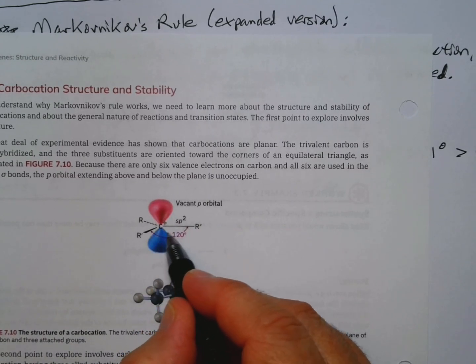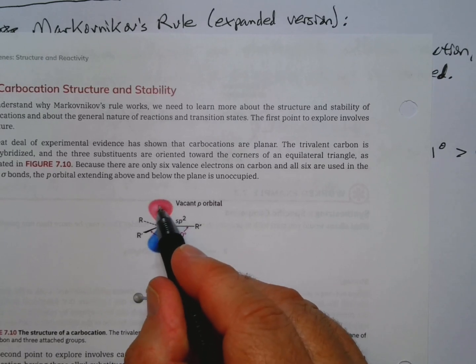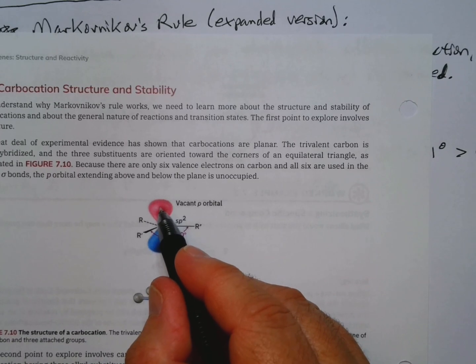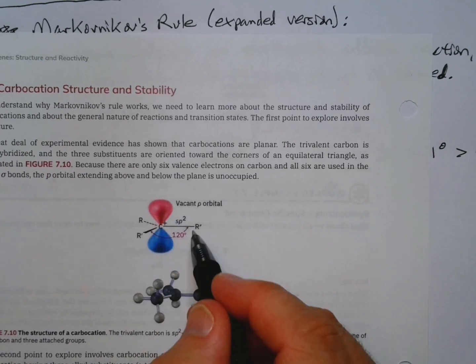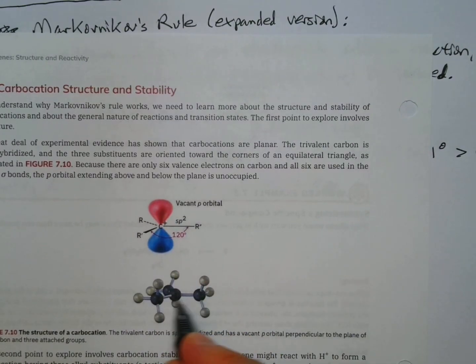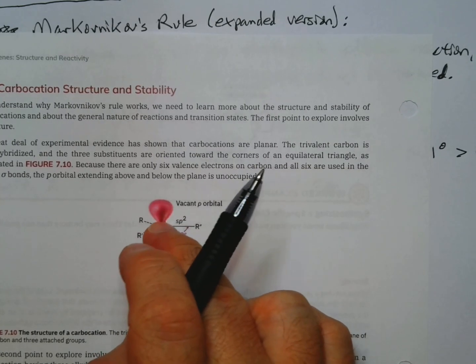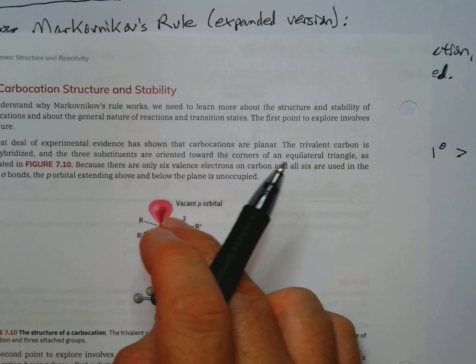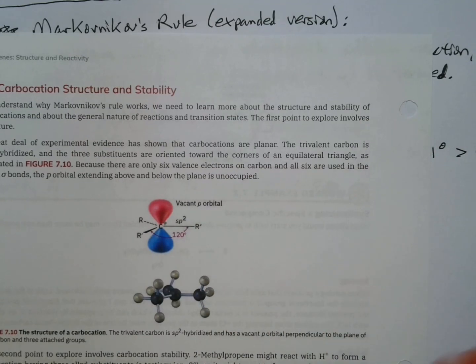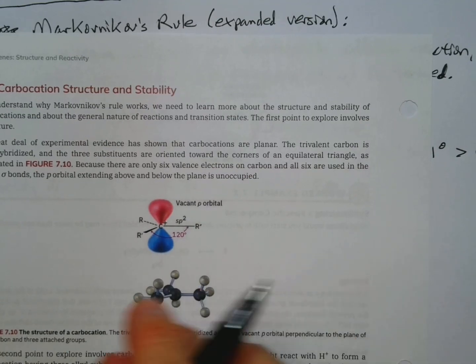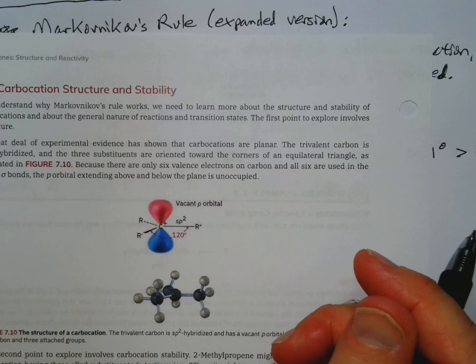So that p orbital can have hyperconjugation interactions with whatever substituents are attached. Anything that helps stabilize it is good, so having more substituents will help stabilize it.